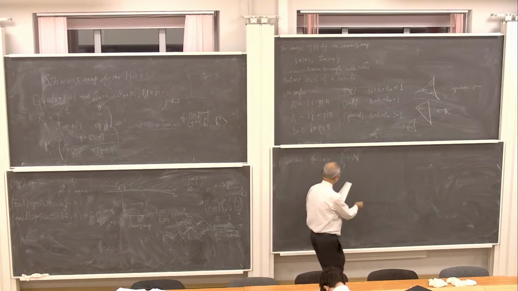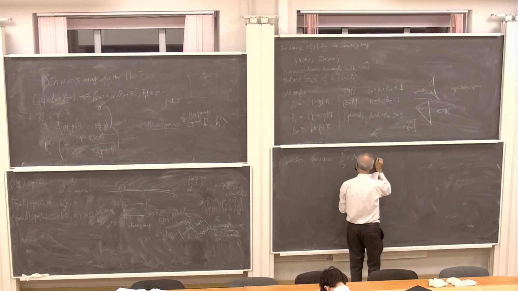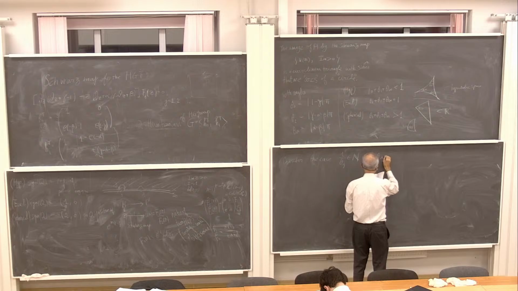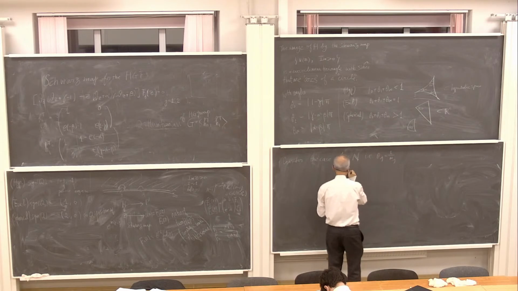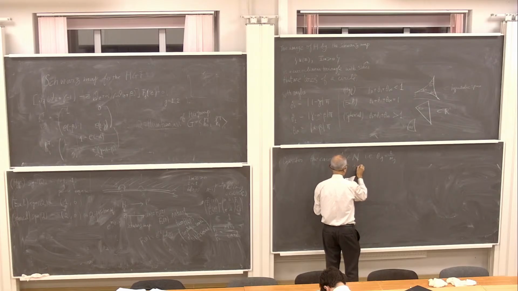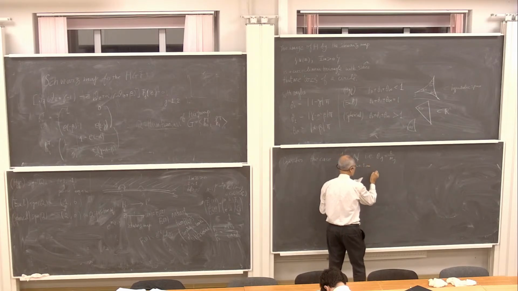That is, say theta j, so j is 0, 1, infinity, 3 cases.